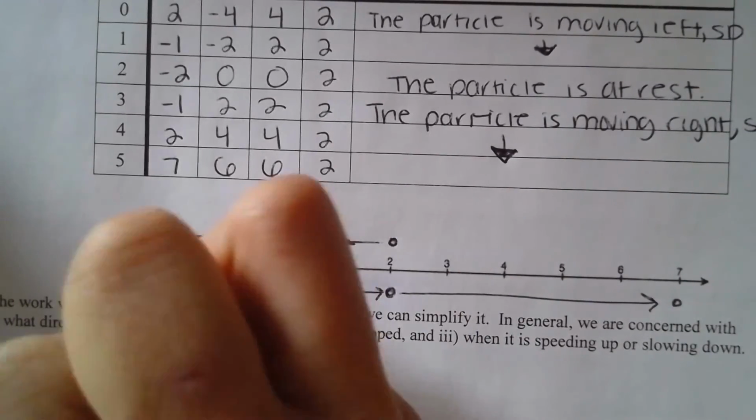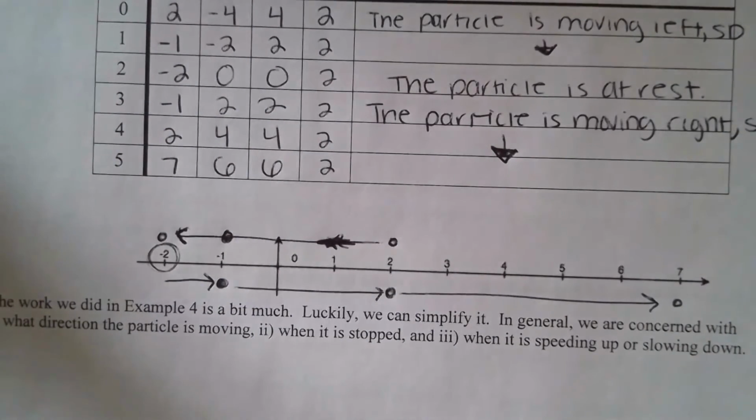So this -2 represents where it changes direction. At t equals -2, the particle stops and changes direction. It'd be like putting your car in reverse from drive.